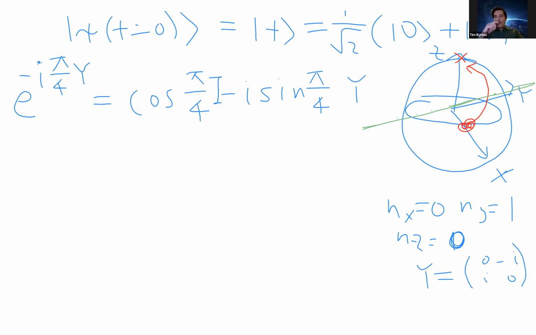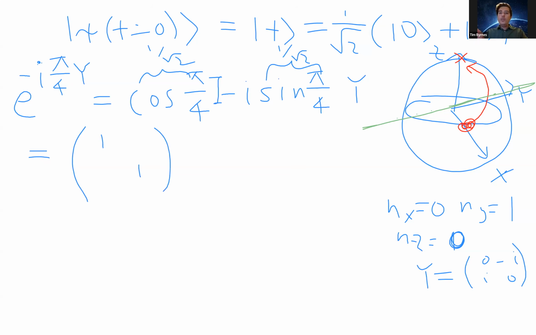So the matrix is going to look like 1 over root 2 times identity, and then if you multiply the y matrix by minus i, let's do it step by step, not to get ahead of ourselves.